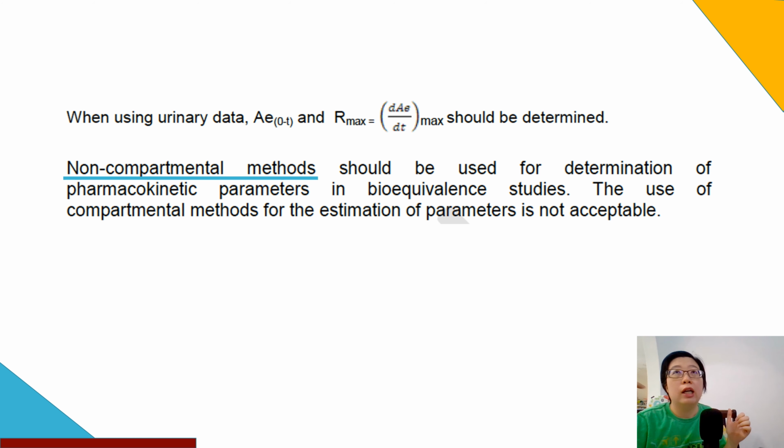The concentration is something we get from the blood directly, from the BE study sampling, but we exclude all the possibility of first order, second order kinetics and so on, which would make the whole calculation more complicated. So we're just going to use the overall simplistic non-compartmental model in our calculations.